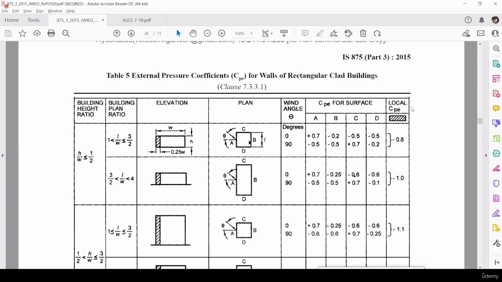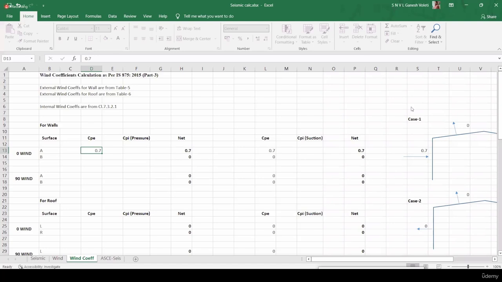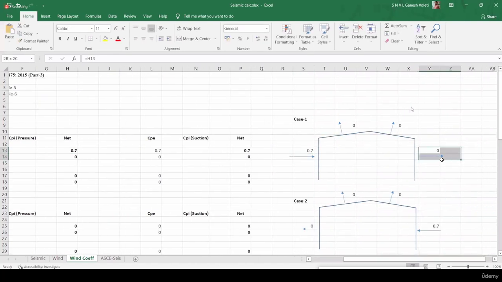Okay, so obviously for surface B, first case we have seen first. This is surface B. Okay, this is surface B. Only walls we are seeing now. We are not talking about roofs. Okay, for only walls, A surface is 0.7. What about B surface?